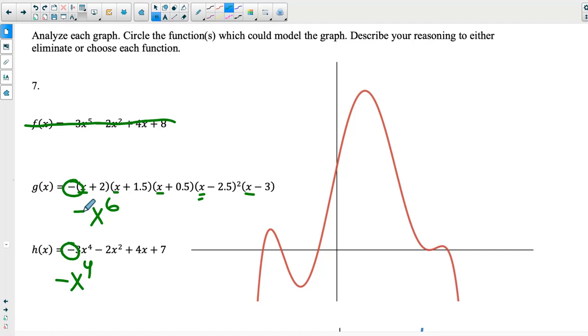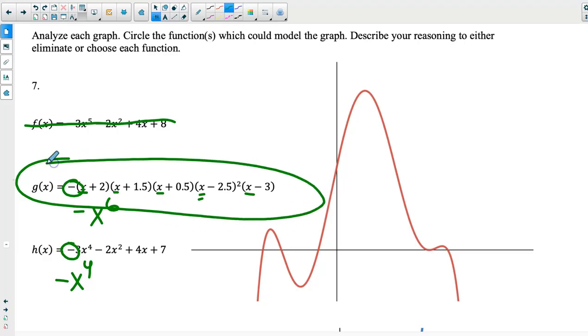How many turns does our graph have? It has 5. Which function is it? It's going to have to be g of x because h of x can only have 3 terms. We have 5 terms. It's always 1 less, and then we go down by 2. So it's going to have to be g of x. Questions on that?